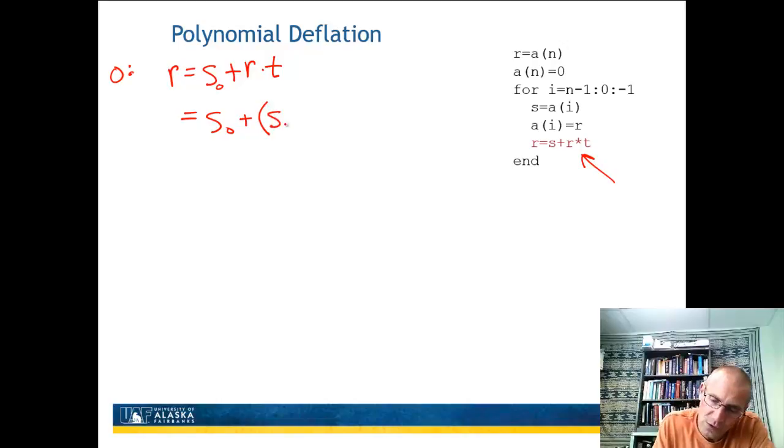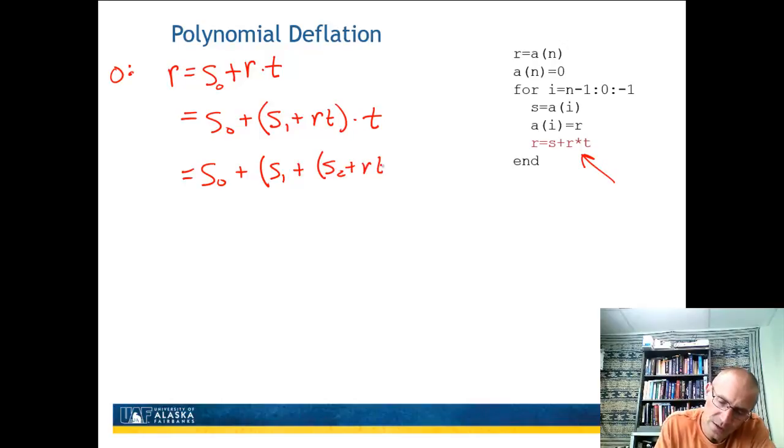Well, r was equal to s1 plus r t, and that times t. And if I do that recursion one more time, I have s0 plus s1 plus s2 plus r t times t, times t. All right, so now I have a value of r.